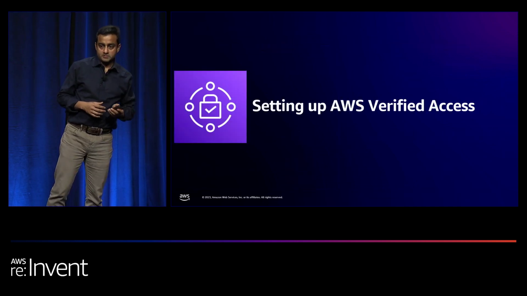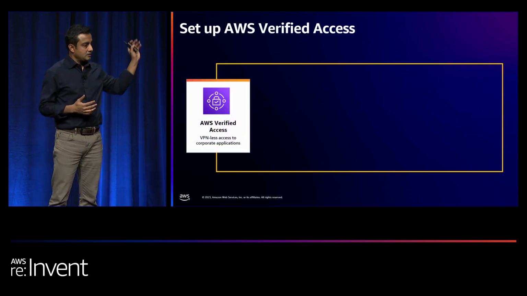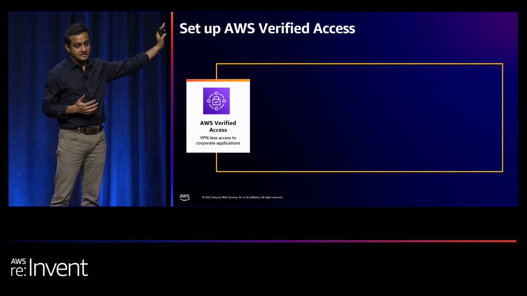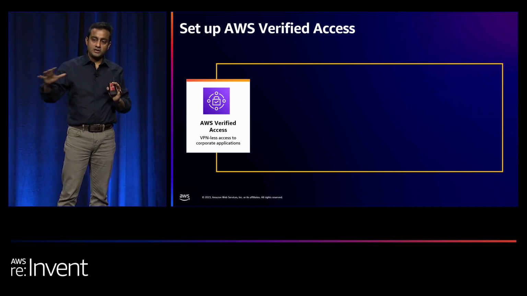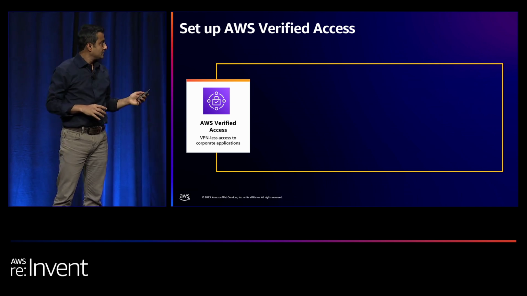We talked about how simple it is to manage. So let's see. The first thing is that you create a verified access, and this is created by your security administrator or network administrator, the central administrator team. But this verified access will work for all your applications which are managed by different teams, different developers, different VPCs, different accounts.